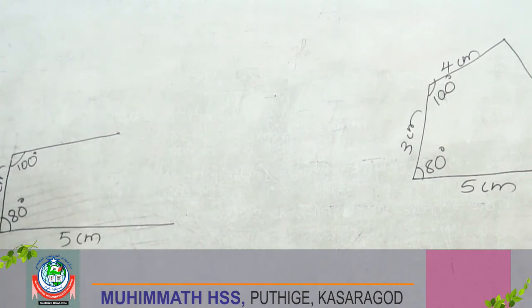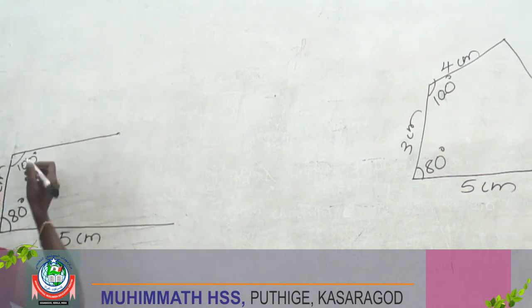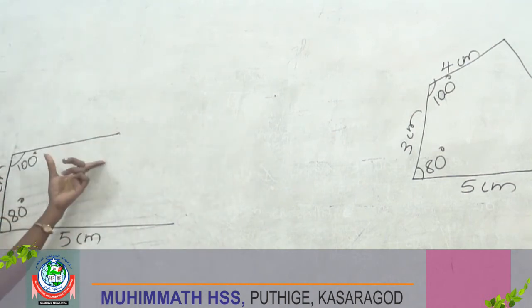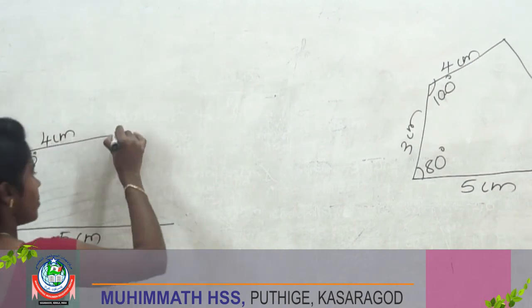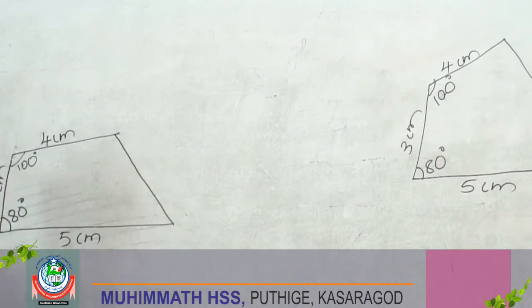This angle is 100 degree and join. Given the length of this line is 4 centimeter, and join the other two ends. Now our first step is completed, that is our quadrilateral is completed.